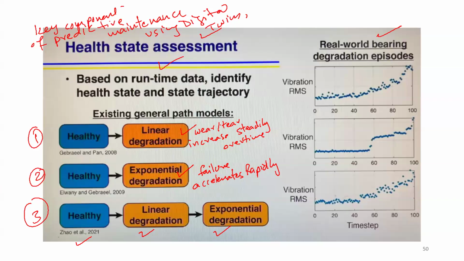On this side, we see a real-world bearing degradation example using the vibration RMS data as a monitoring metric. In all three cases, the vibration level remains low during the healthy phase, and then it shows a noticeable rise.